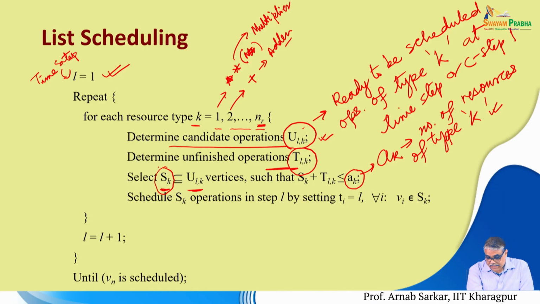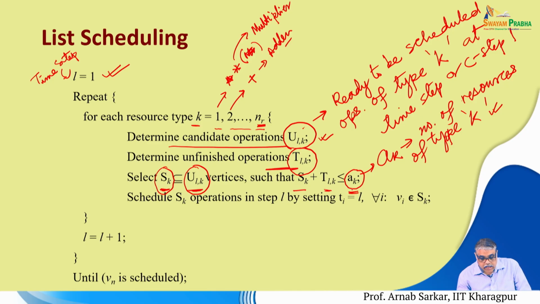We have still not talked about priority, but let us say this Sk will be the subset of operations from ULk which are of the highest priority. You can have multiple operations that are ready to be scheduled in ULk. Among them we choose a subset Sk of the highest priority operations such that Sk plus TLk is less than or equal to Ak.